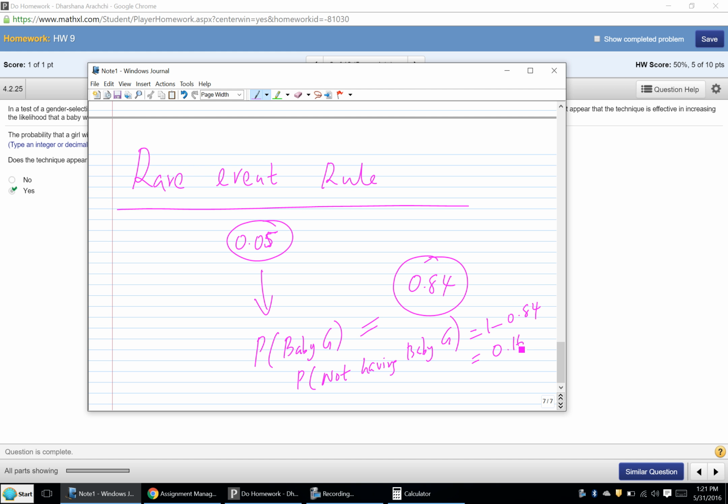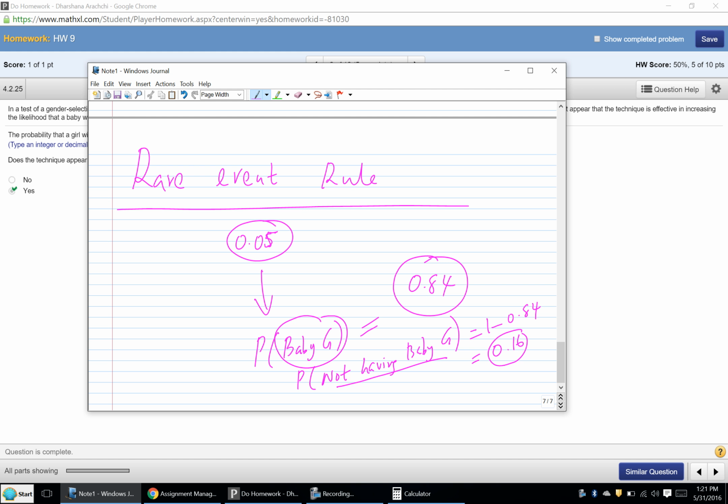In other words, there's a 0.16 chance of not having a successful result, if you define the successful result as having a baby girl. So not having a baby girl, the probability is 0.16, right? There's a 0.16 probability of having an unsuccessful result.